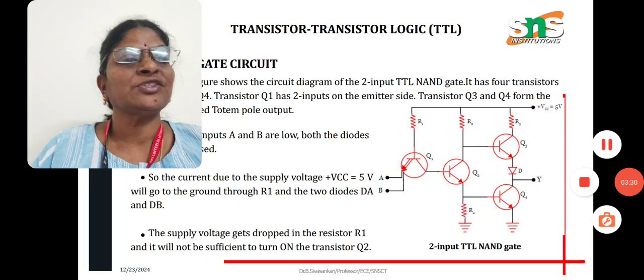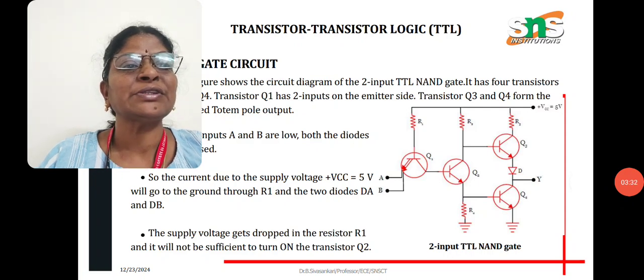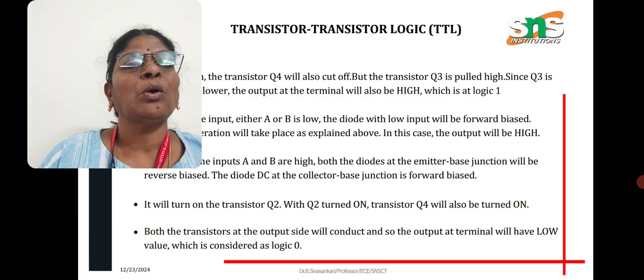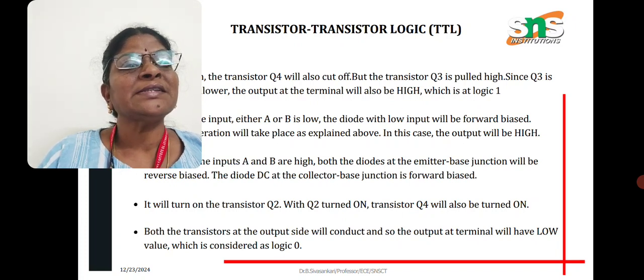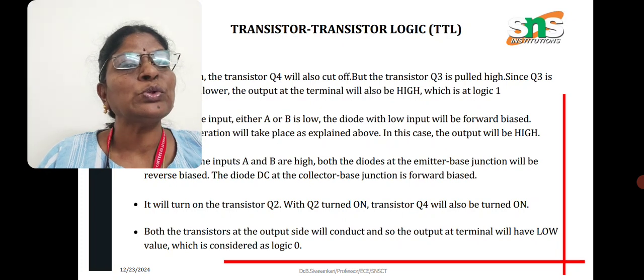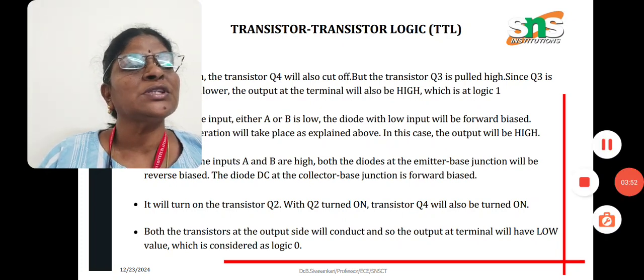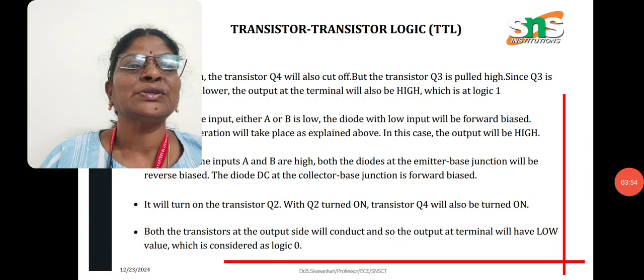So the transistor Q4 will also be cut off, but the transistor Q3 is pulled high. Since Q3 is pulled high, the output at the terminal will also be high, which is logic 1. So logic 1 means high and logic 0 means low.